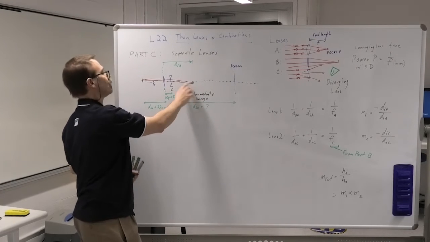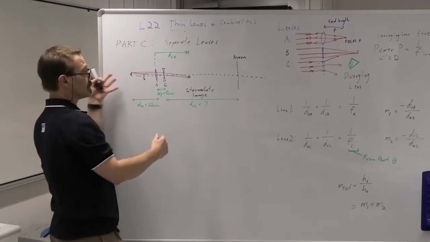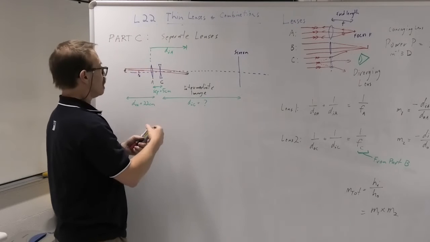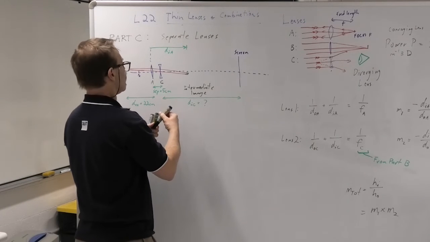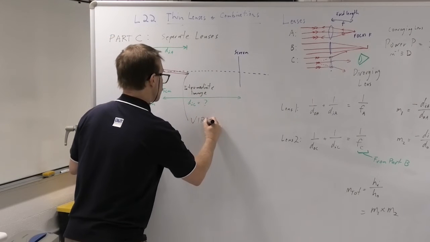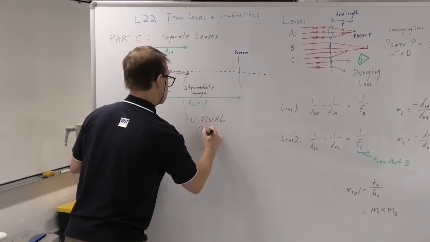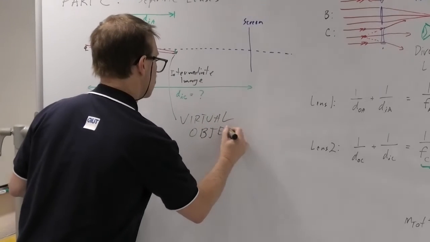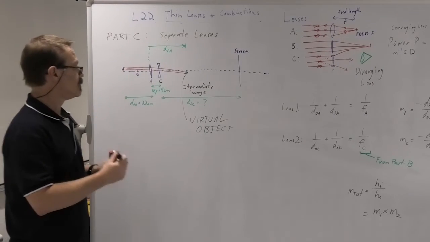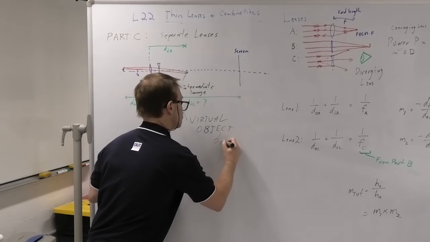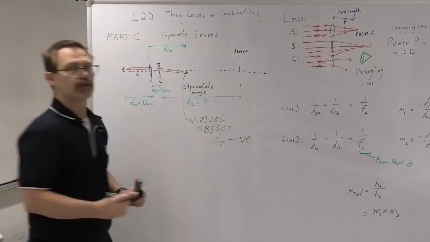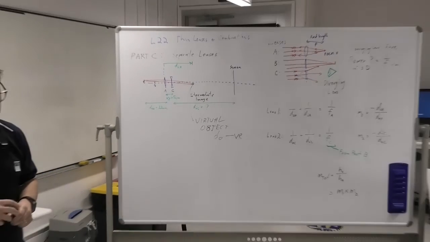So this is a virtual object. It's on the wrong side of the lens from where the light was coming from. So when that happens, we say that this becomes a virtual object for lens C, and the object distance of a virtual object is negative when you use it in the equation.